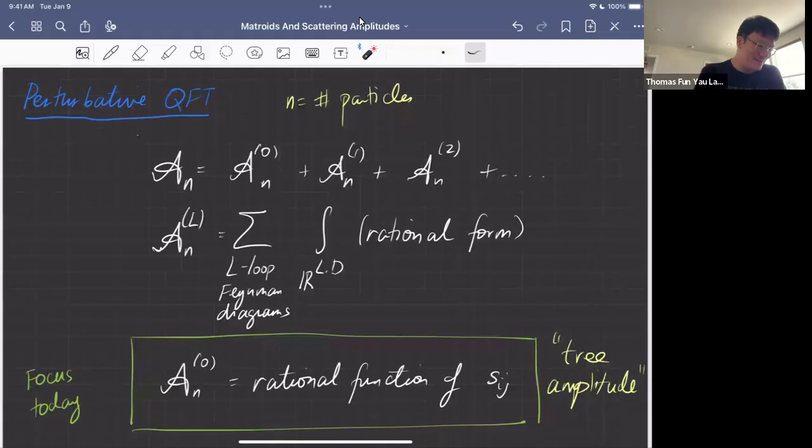This is basically what people have crunched for the last 50 years to compare with experiments in particle accelerators. Even though there isn't a proof, as far as I know, that this thing equals another more conceptual definition of an amplitude.